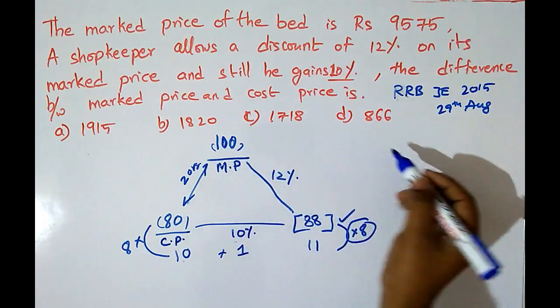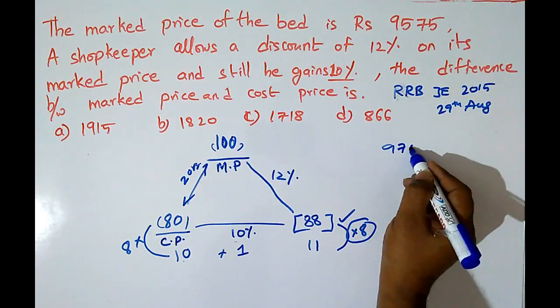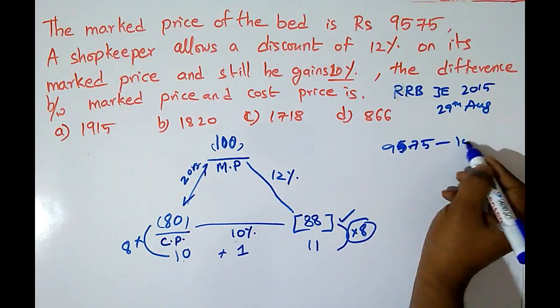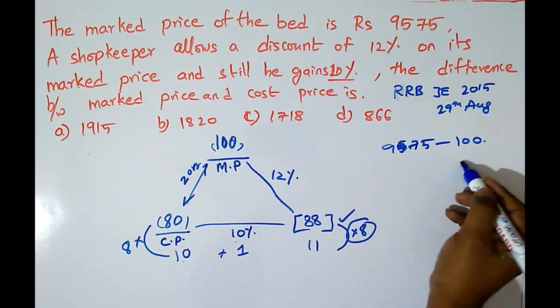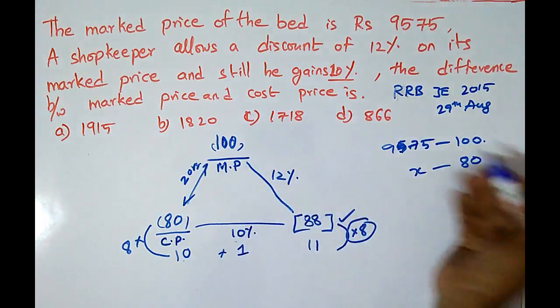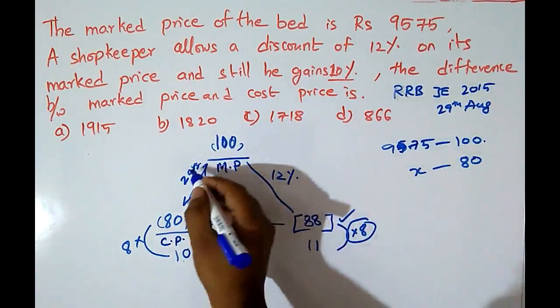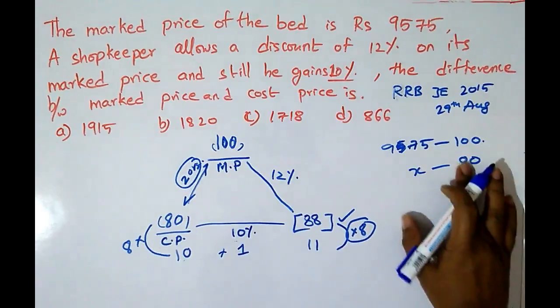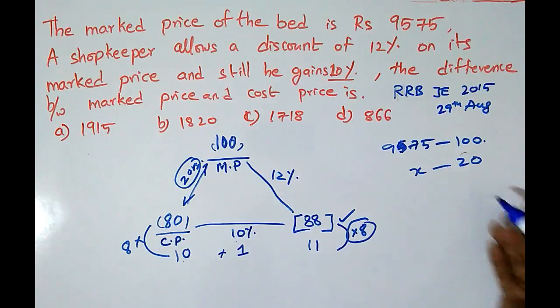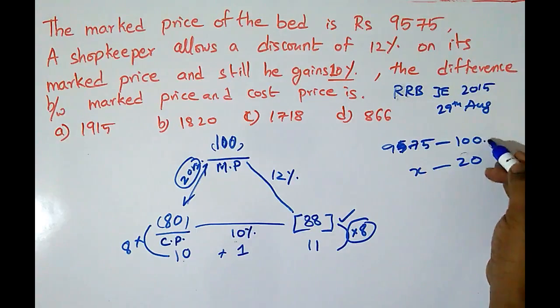If 9575 corresponds to 100, then what corresponds to 80? Or they are asking the difference, so the difference we will take. We will take what corresponds to 20. What corresponds to 20? It is just, we can say, this is 5 times, this is 1 time.